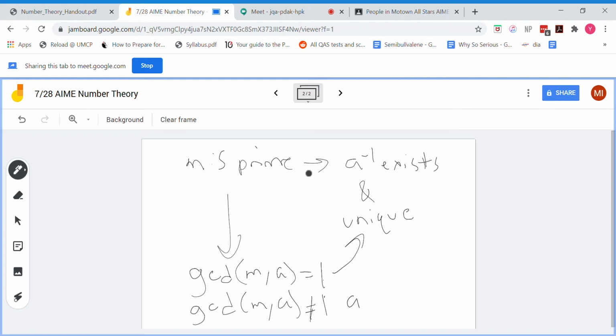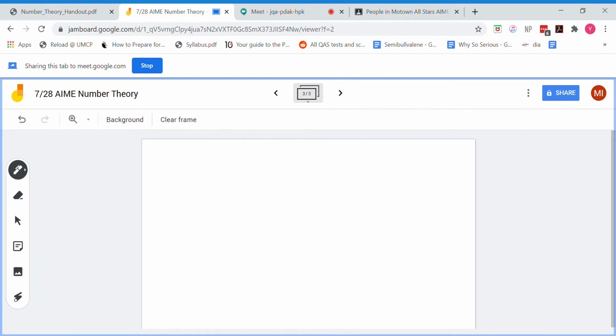A inverse does not exist in this case, because if M and A share a prime factor P, so GCD of M and A equals P, then A times A inverse is always divisible by P, and so this can never equal 1 mod P. So the inverse only exists if the GCD of M and A is 1.